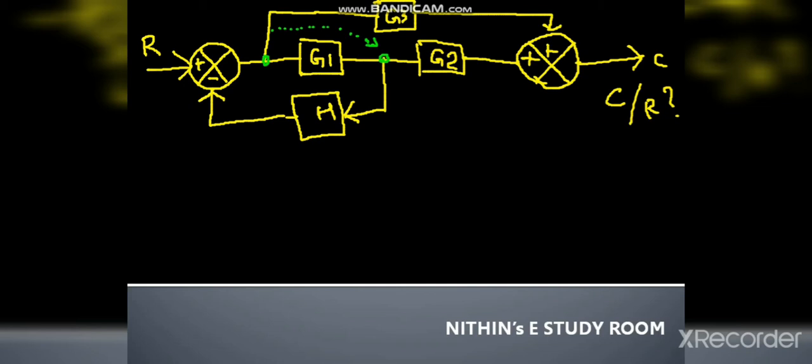So for that, before that you should check what is the output obtained here. What is the output obtained here? R is coming through the summer block, and R, or somewhat its input, whatever it is here, we are having a feedforward path.